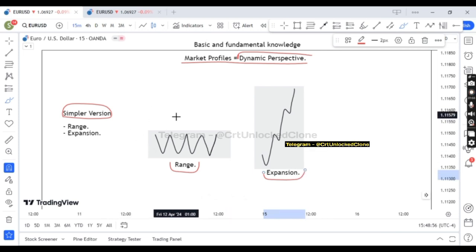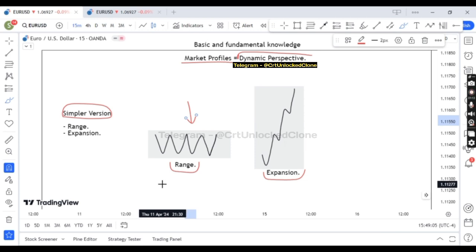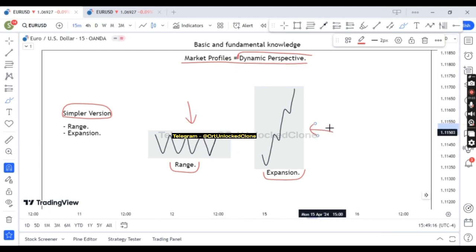Now, let me explain these market profiles to you before we move on to the advanced market profiles, right? Now, you guys have been taught only the simpler version of market profiles and are only familiar with this one, right? Now, the way the market moves is that it basically moves either in a ranging profile or an expansion profile.